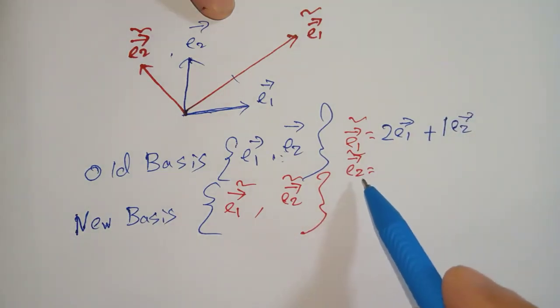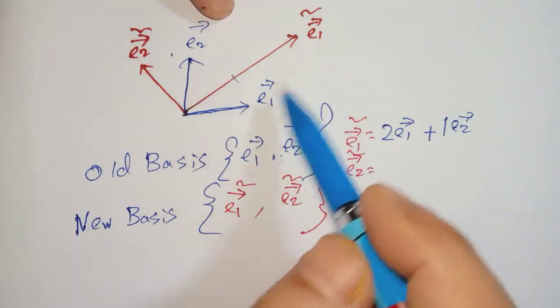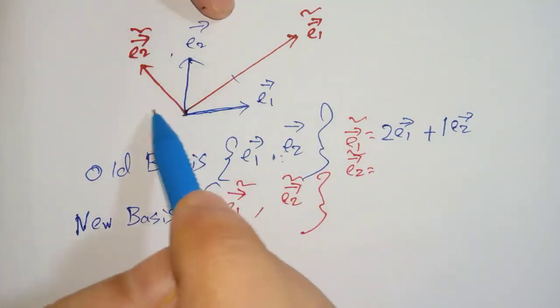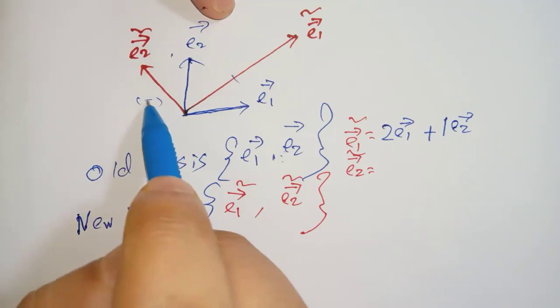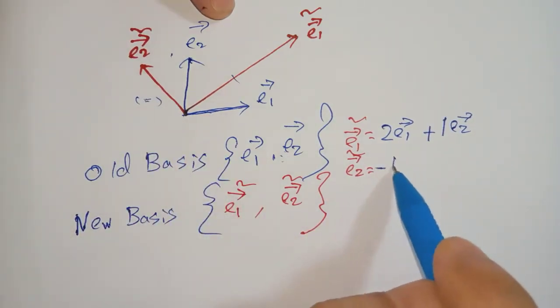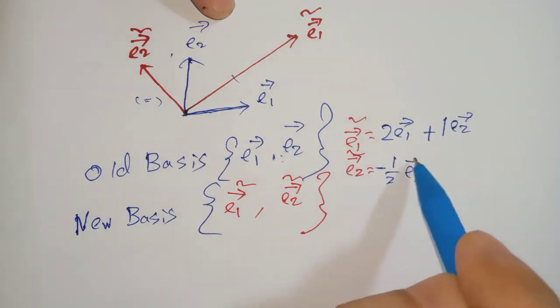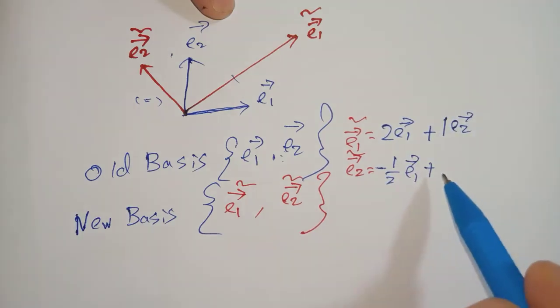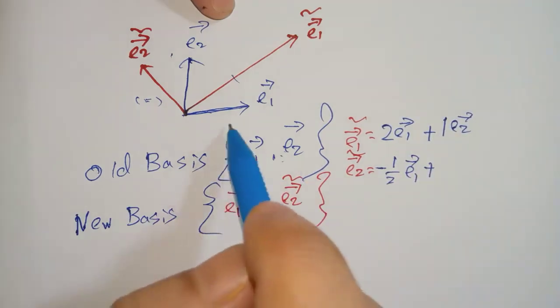In order to get E2 tilde, we need half of E1, but E1 is in this way, this is a negative part, so we need minus half of E1 plus 1/4 of E2.